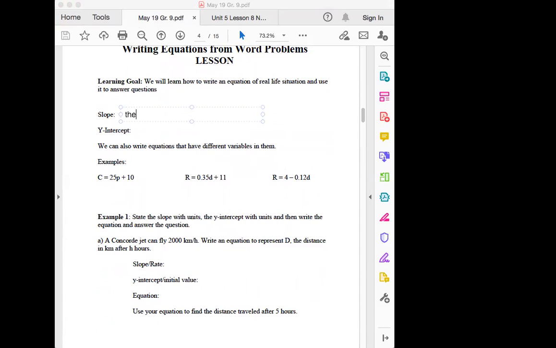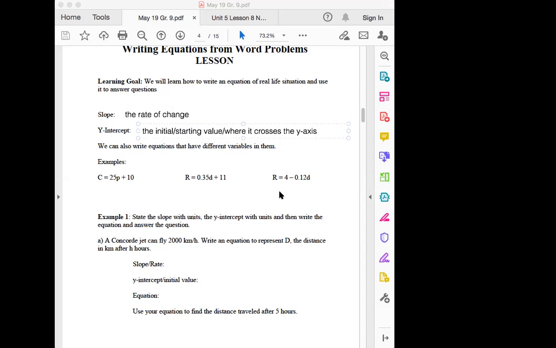The slope is the rate of change from one point to another. The y-intercept is the initial starting value, where it crosses the y-axis.